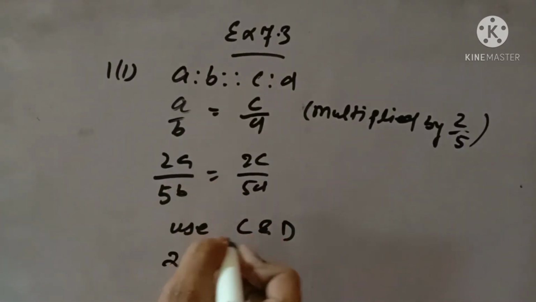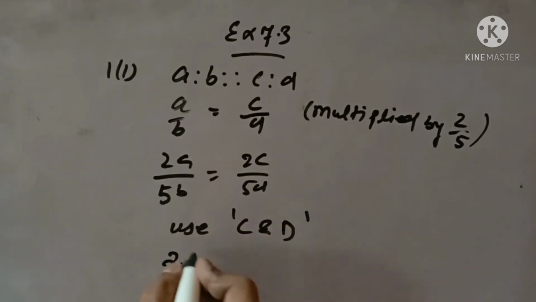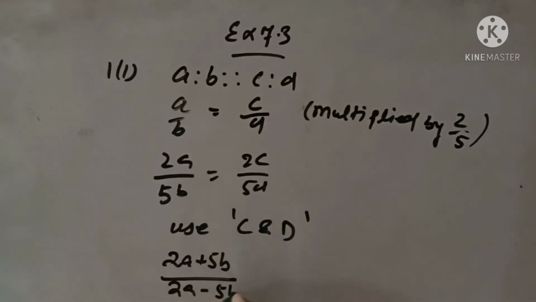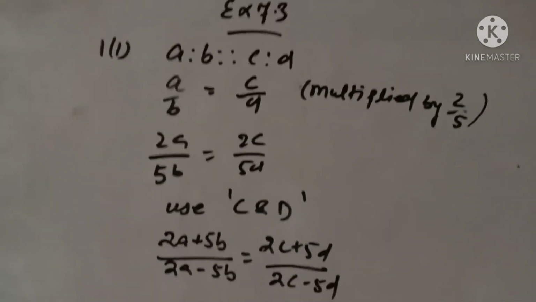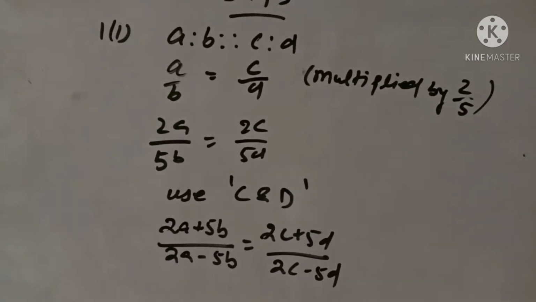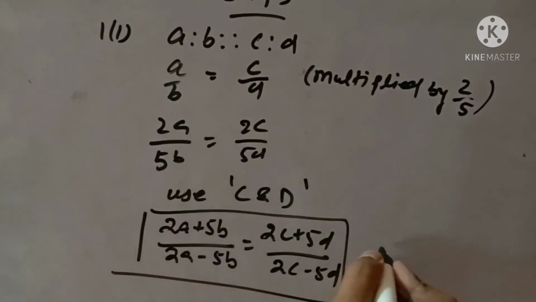So by using componendo and dividendo, I can write 2a plus 5b by 2a minus 5b is equal to 2c plus 5d by 2c minus 5d. Hence proved. This is what we have to find out according to the question.